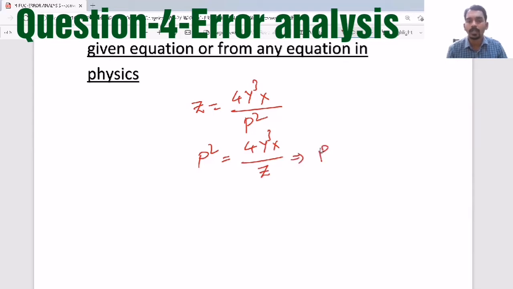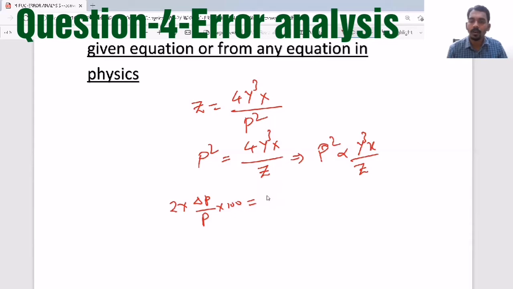Then take the proportionality and neglect all the constants, because there is no change in the constant. After that, the formula is: power into percentage error.